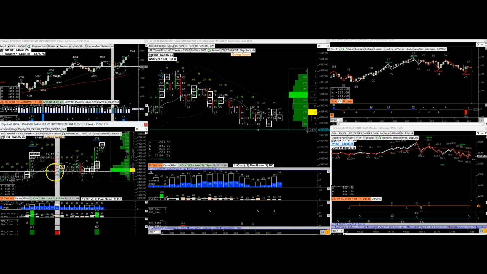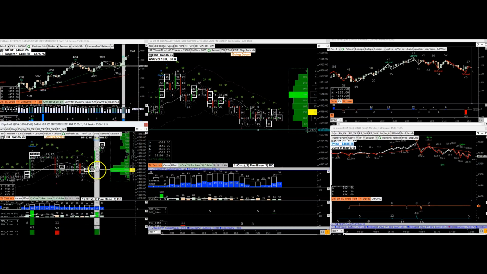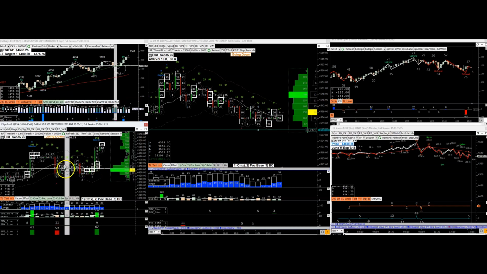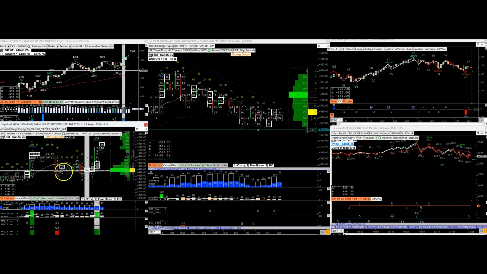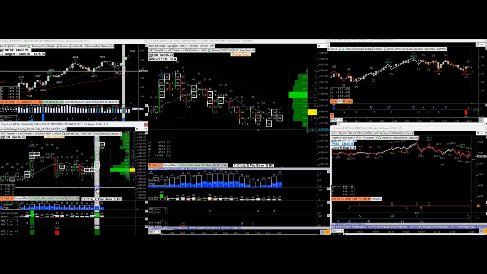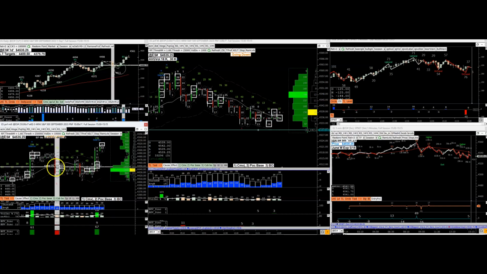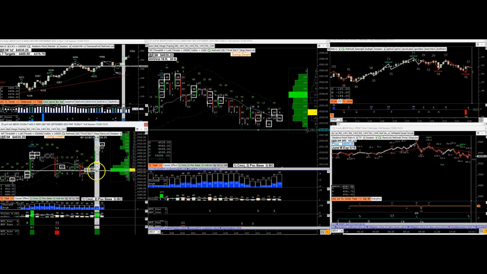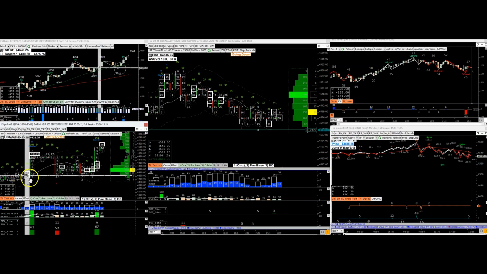That right there, 12, 9 boxes across this area. Anyway, that's very important information because it's telling me that reaccumulation at these levels is occurring.